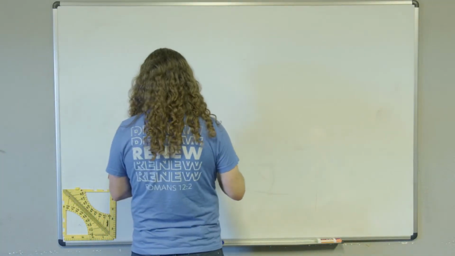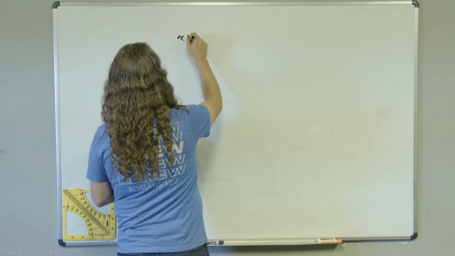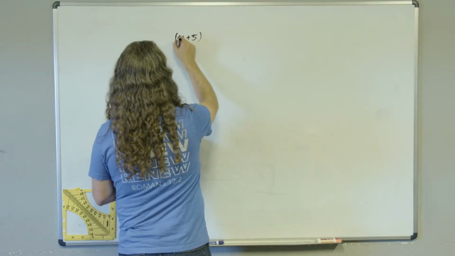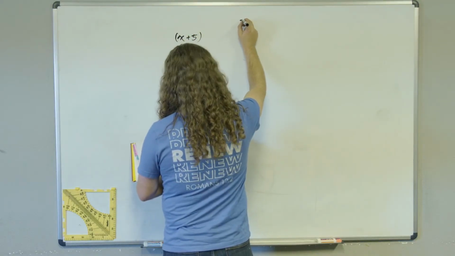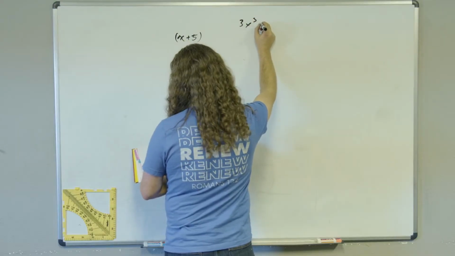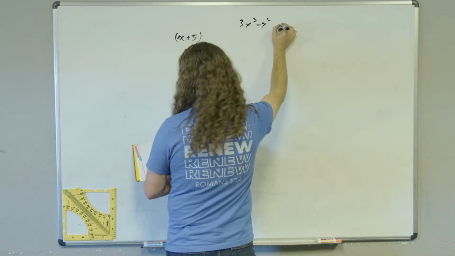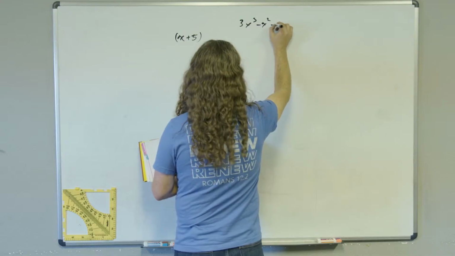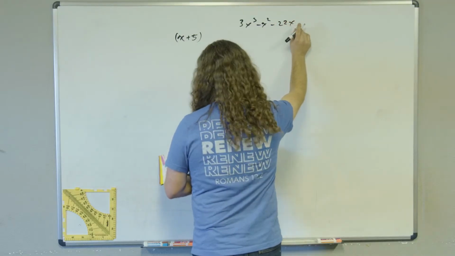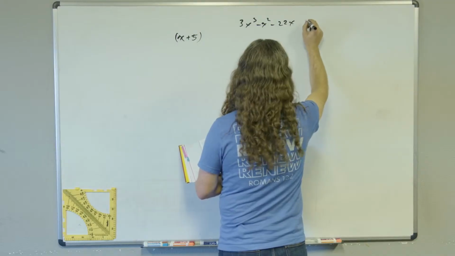So we want to determine whether x plus 5 is a factor of 3x cubed minus x squared minus 22x plus 24.